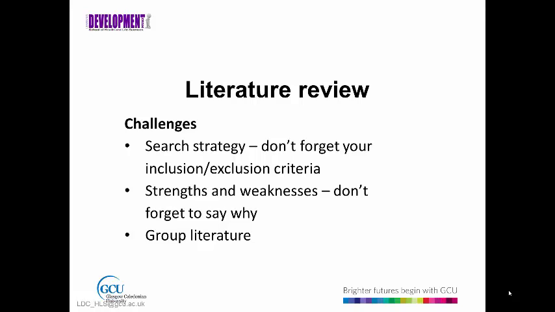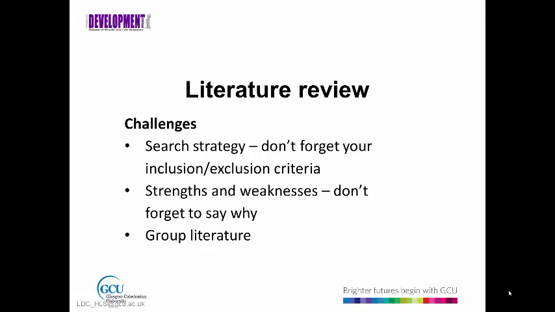So what you might do then is, if you've said it's only got 3 participants, you're not an expert in study design, so you would go and find a book about study design that could back up what you've got to say and would explain why having only 3 participants is not appropriate for this kind of a study. So whatever it is that you're saying, whether it's a strength or a weakness, remember to say why.